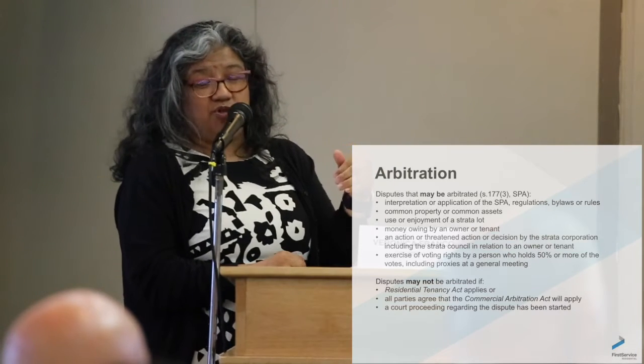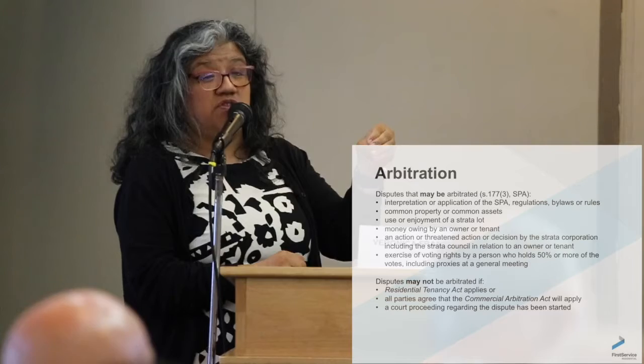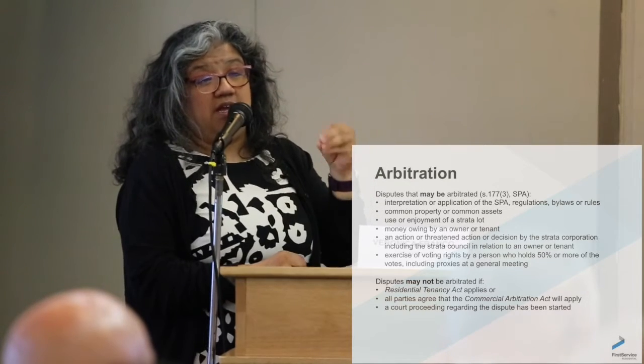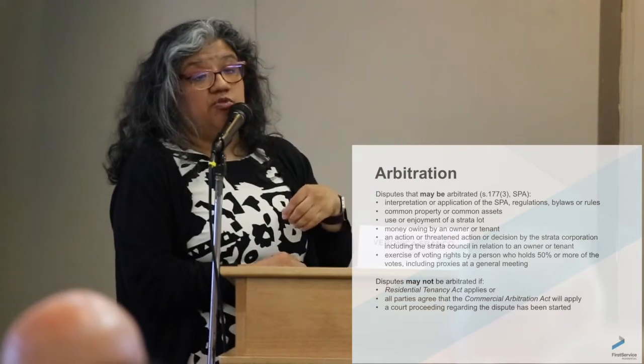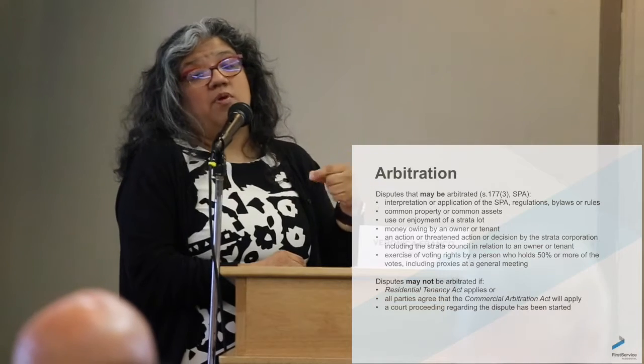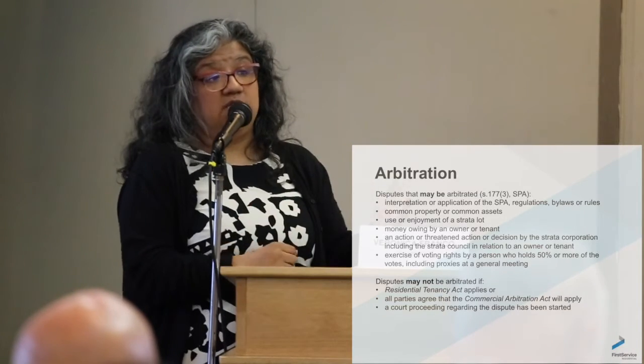The Commercial Arbitration Act has some pretty formal rules, and they start to look a lot like court process. The arbitration provisions under the Strata Property Act were meant to be a lot more flexible, to allow an arbitrator to come in and set up a dispute resolution process that may make sense for the type of dispute or the nature of the claim. So it's a little bit different.